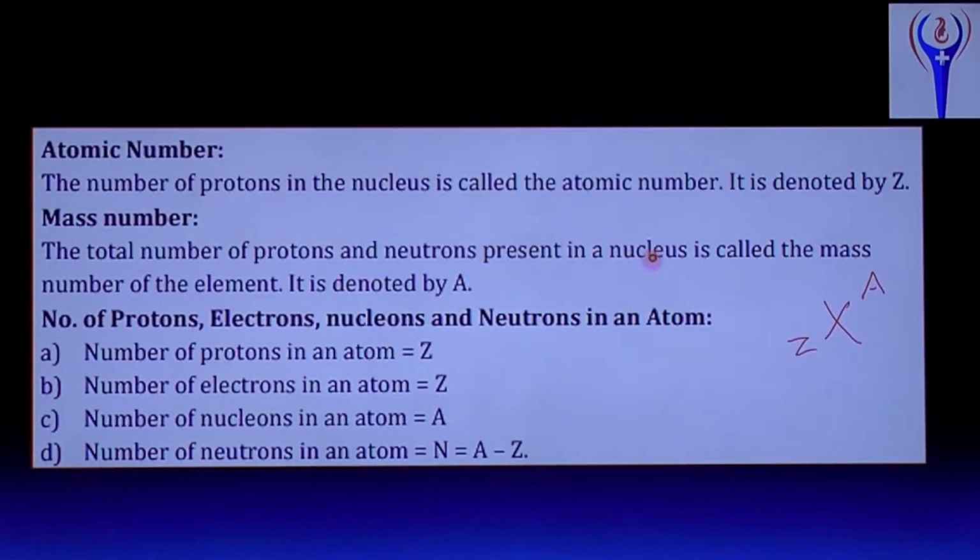Number of protons in an atom, as already discussed, is the atomic number Z. Number of electrons in an atom is also Z. The number of protons and number of electrons are equal only in one condition, that is when the atom is in a stable state.